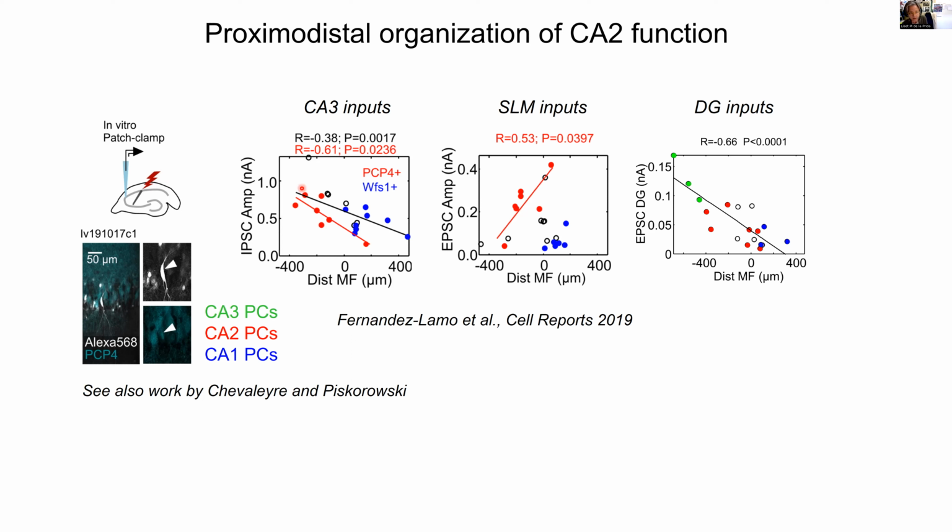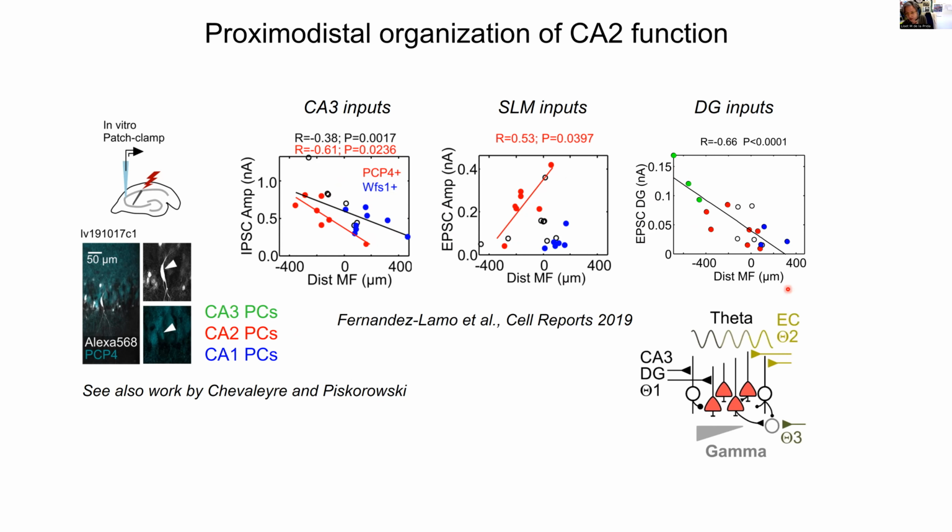And as you can see, there are clear proximodistal trends, which clearly identify the different cell types. So the red ones are CA2 cells, confirmed by PCP4. The green ones are CA3. The blue ones are CA1. Those cells which are not marked could not be identified.